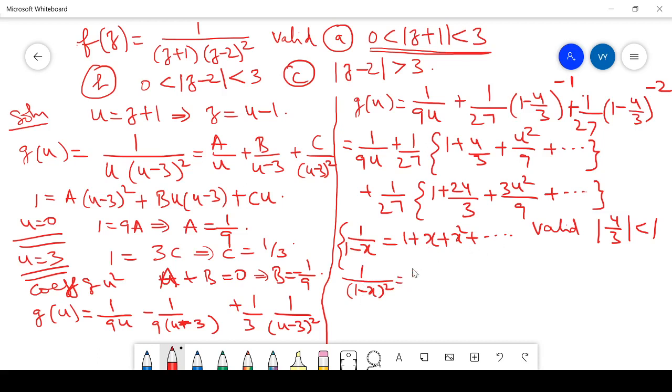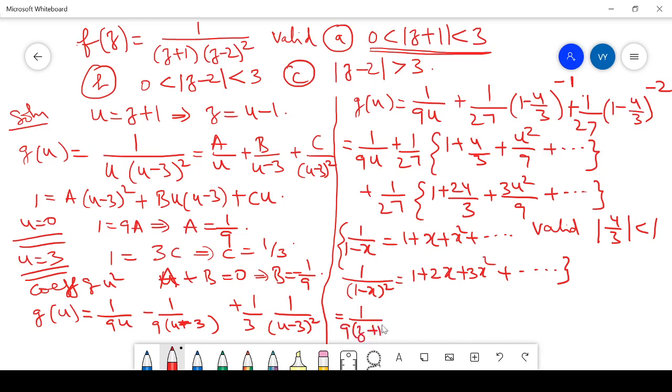I have to just differentiate the right hand side, which will give you 1 plus 2x plus 3x squared plus so on. This will give you the expansion of 1 minus u raised to the power minus 2. So when I replace u with z plus 1, I have the required expansion.